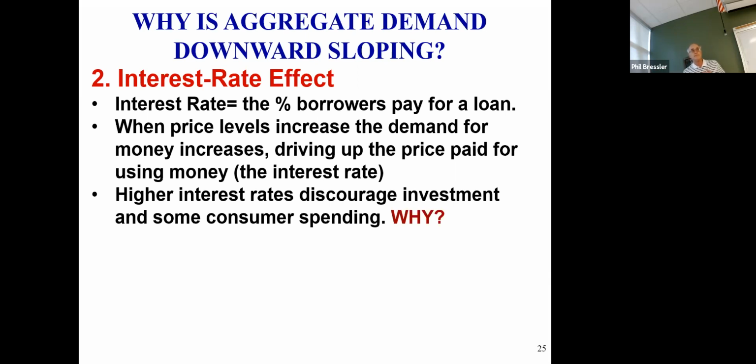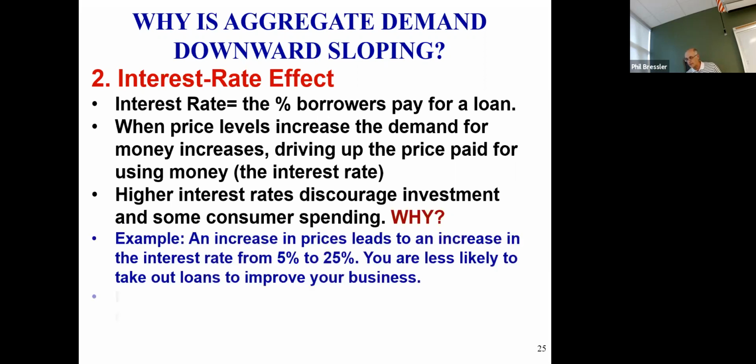Why? Businesses don't want to borrow at higher interest rates because then they have to pay back more money on their loans. Consumers, for cars or more expensive things, don't want to borrow because interest rates are high. So high interest rates discourage investment and consumer spending, two things that make up aggregate demand. That's the interest rate effect.